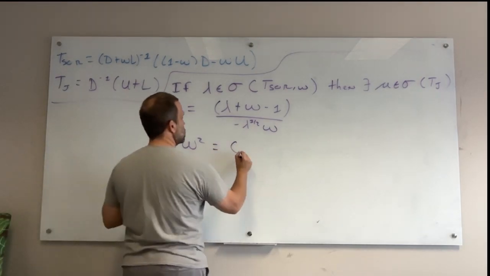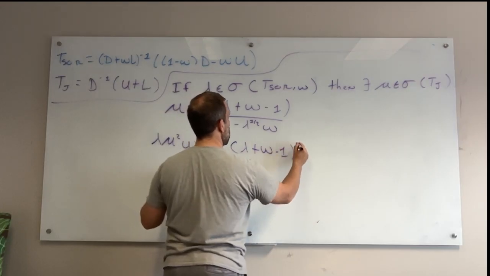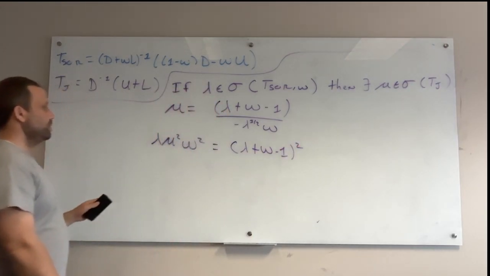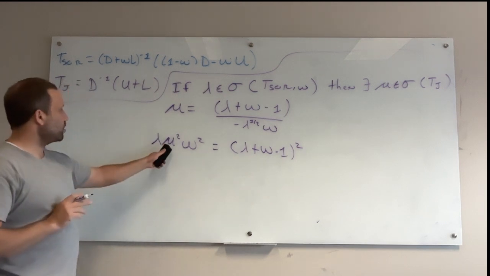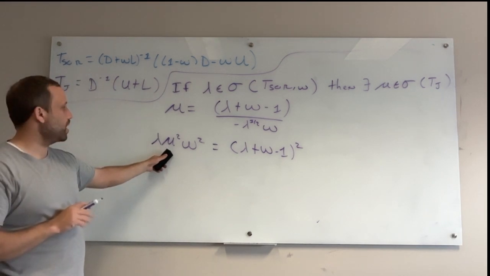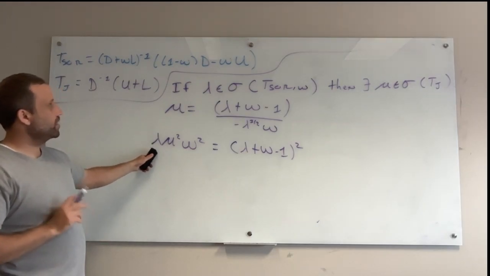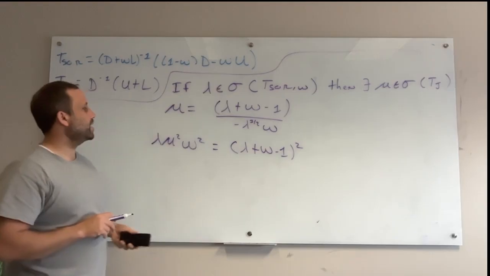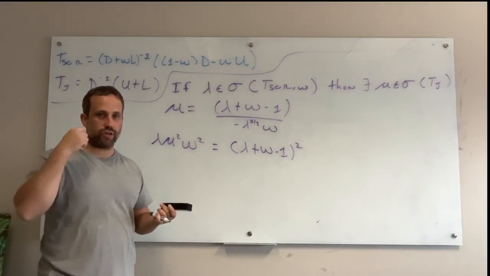And then on the right-hand side, you're going to get lambda plus omega minus 1 squared. Okay, so this is the way that we can relate the eigenvalues mu of the iteration matrix for the Jacobi iteration to the eigenvalues lambda for the iteration matrix for this SOR matrix with parameter omega. That says how they're all related to each other.